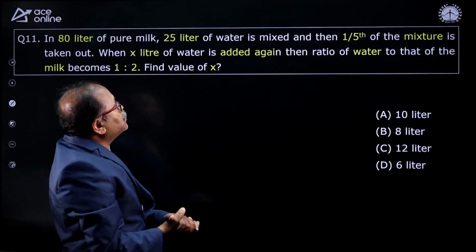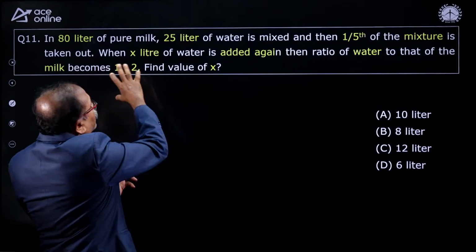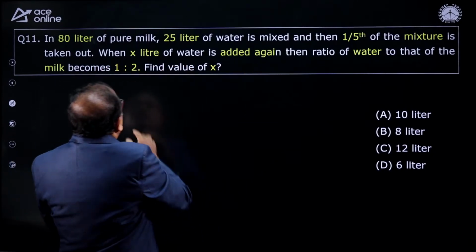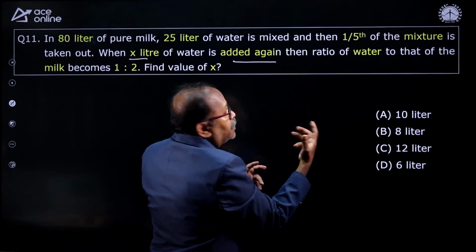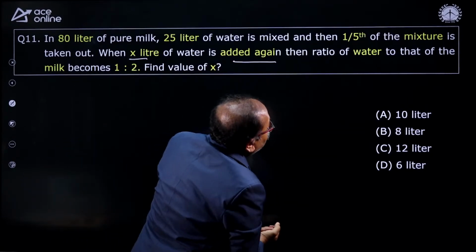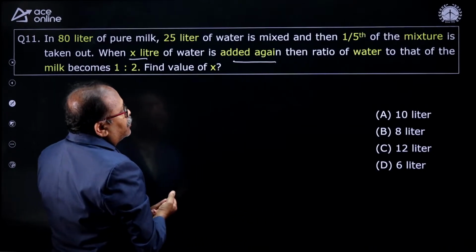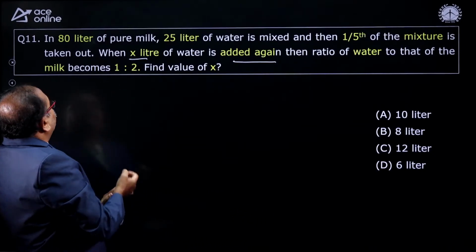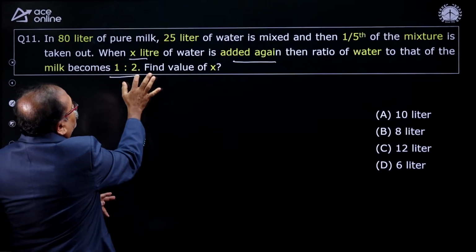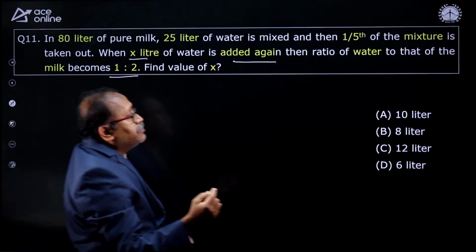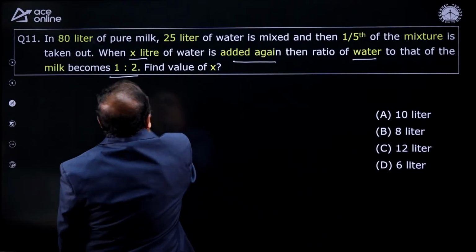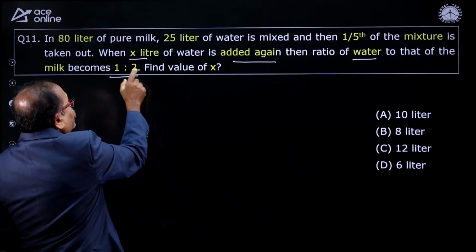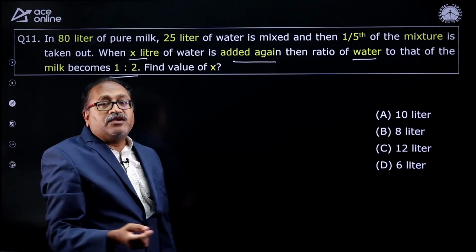When X liters of water is added again, the ratio of the water to that of the milk, so water to milk ratio, is 1:2. Please remember the term. It is saying water to milk. So the water is 1 part and the milk is 2 parts.